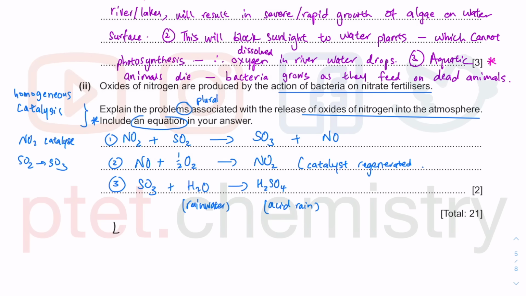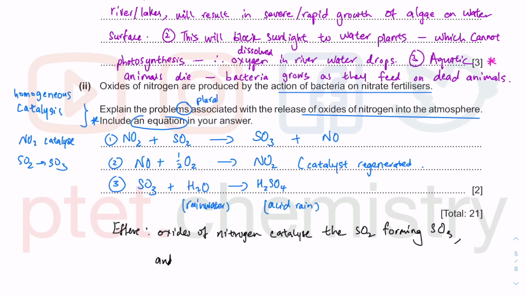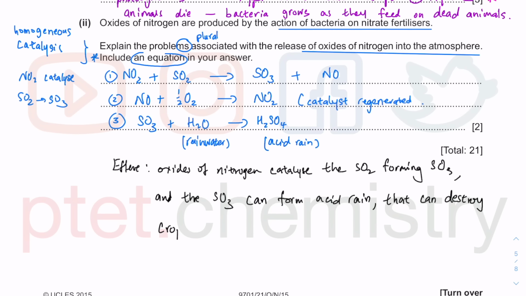Well, we can see that the effect is that the oxides of nitrogen can catalyze the SO2 forming SO3, and the SO3 can form acid rain, and this acid rain can destroy limestone buildings, can destroy crops, and obviously they can make river water really acidic as well and kill some river animals and stuff as well.